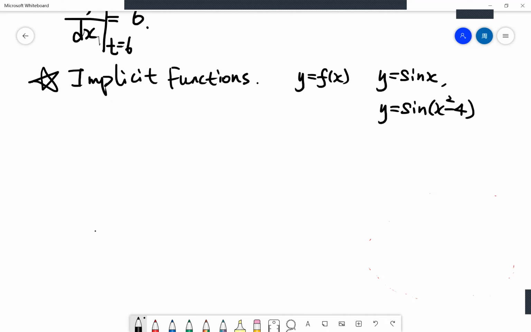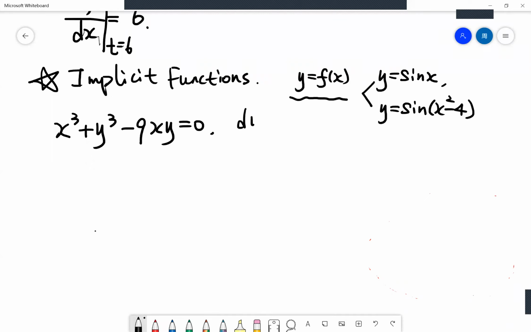But if I give you another function, for example x to the power 3 plus y to the power 3 minus 9xy equals 0, how do we find dy by dx here?